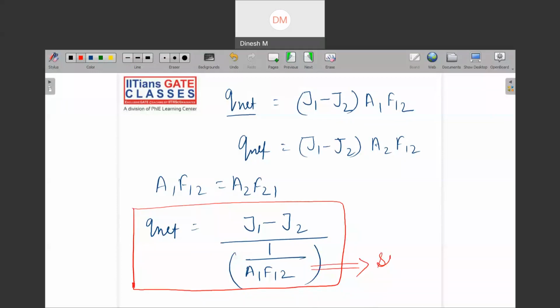So now any radiation thermal circuit will be considering what? Let us say you have surface 1, and surface 2. Between these surfaces, what do we have?